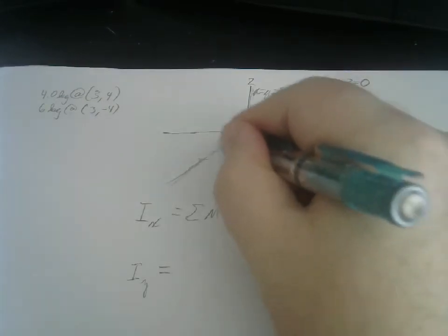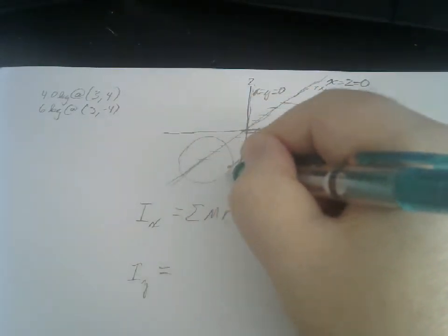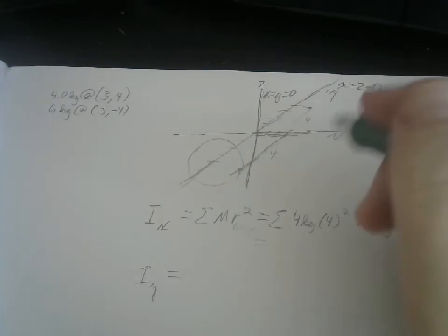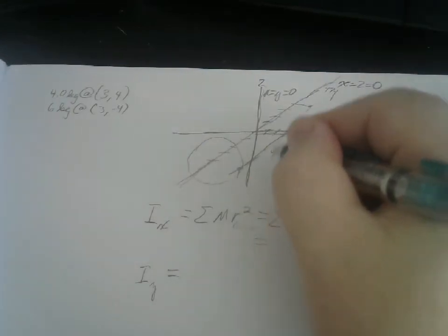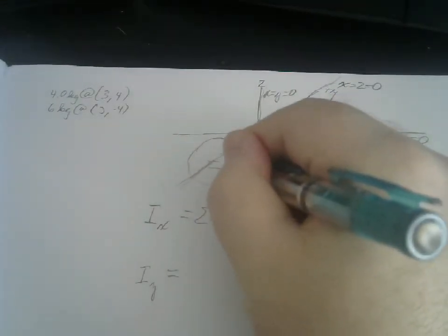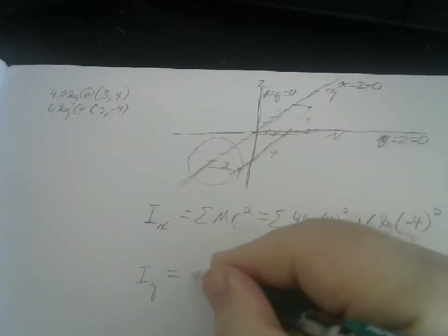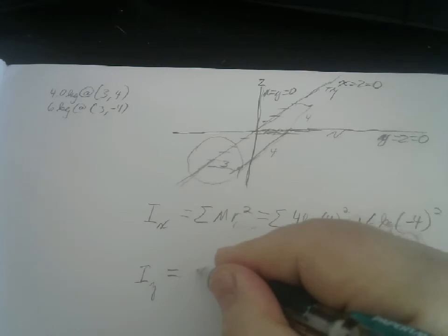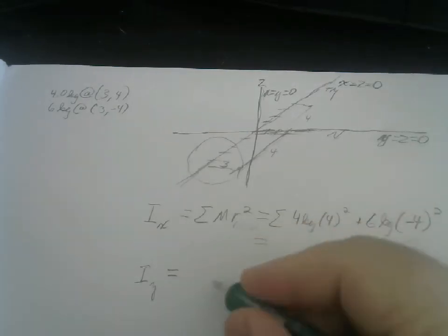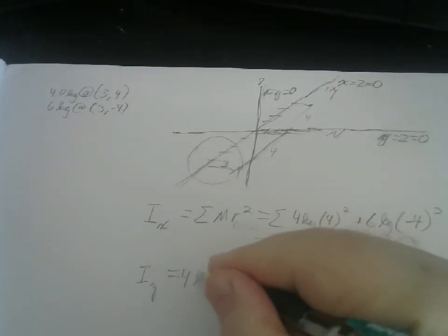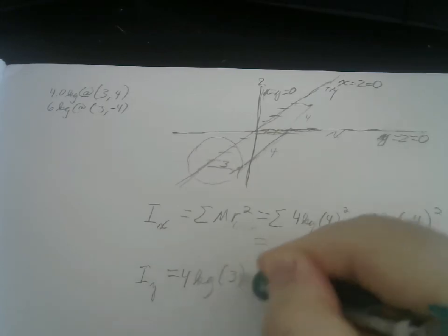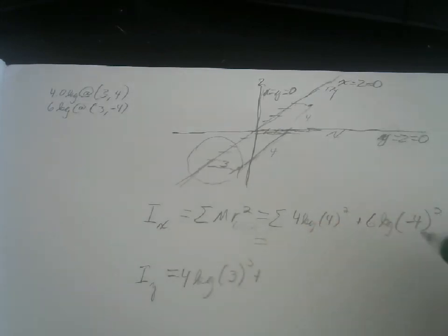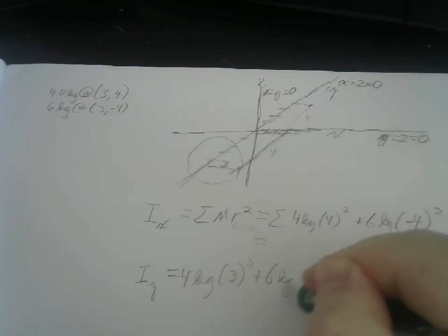It's going to be rotating like this, but the distance there is going to be 1, 2, 3. So here again we'll have the sum of m r squared: 4 kilograms times 3 squared plus 6 kilograms times 3 squared.